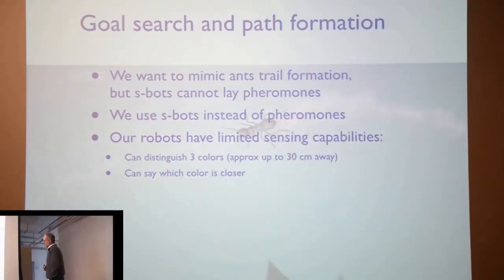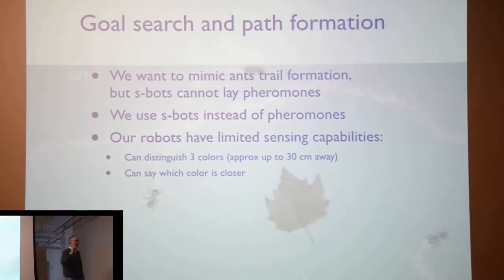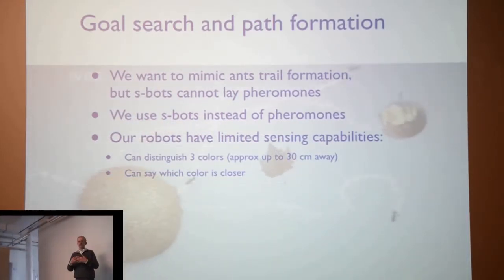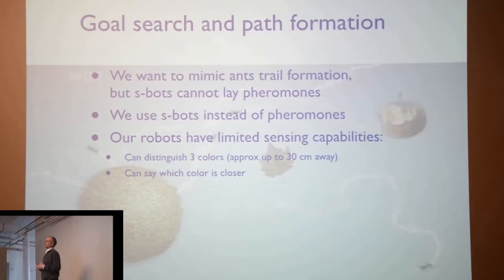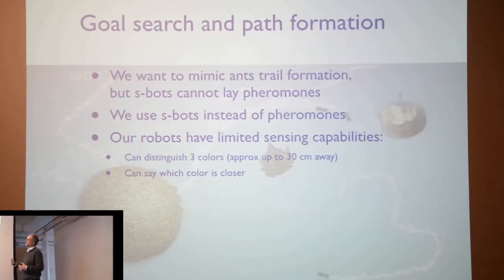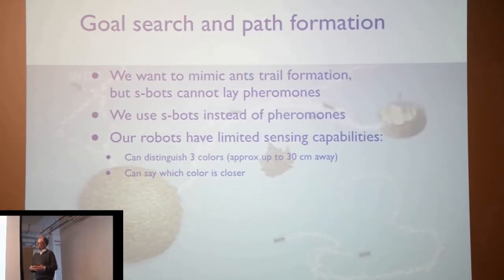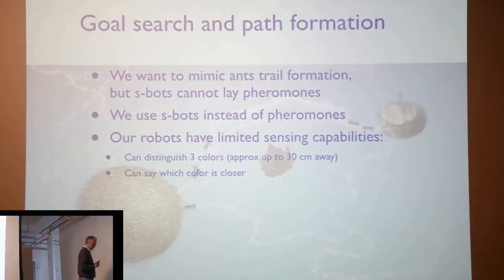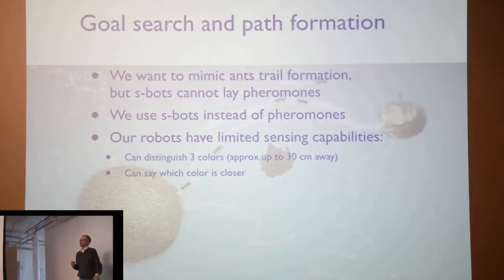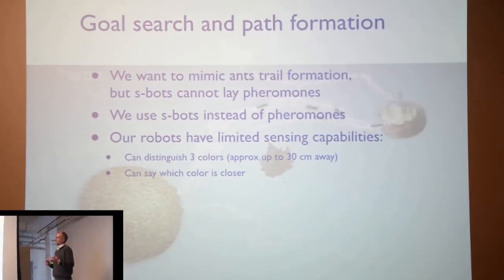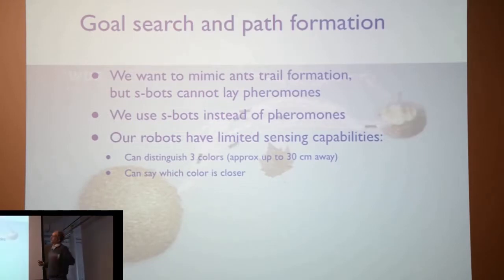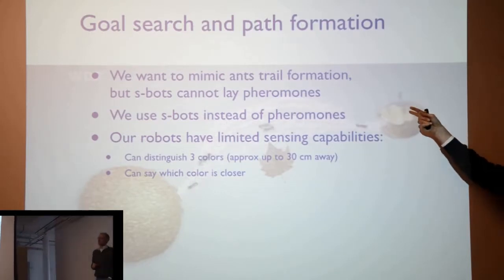Okay. So this is the typical approach to use the machine learning approach. Now, in some cases, when it's possible, or when we have the inspiration, we take inspiration directly from some real swarm behavior. Goal search and path formation is what we did.